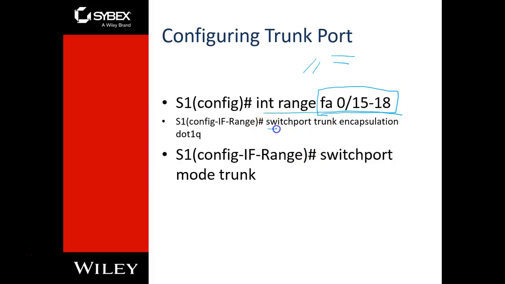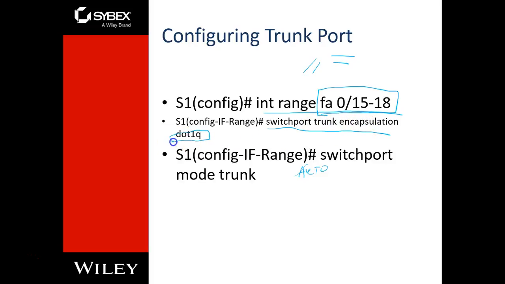Actually, that's not true. If you do that, it's going to say you can't do that because you haven't told it what encapsulation to use. By default it is auto, so you have to put the encapsulation, and this is the way you do it: switchport trunk encapsulation dot1q.